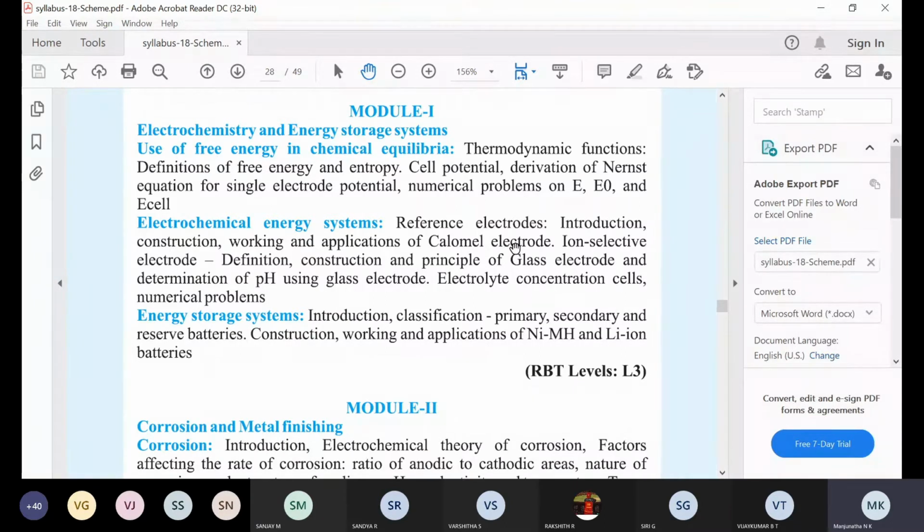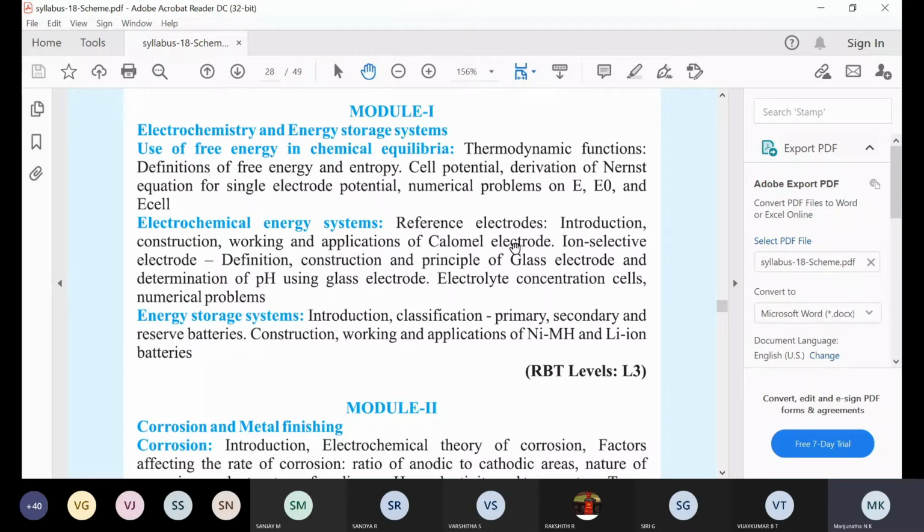Next, you have 2 examples for secondary batteries in your syllabus. One is the nickel metal hydride battery. Another one is lithium ion batteries, for which one example is the lithium cobalt oxide battery. See, this is the second unit in module 1, that is energy storage system or battery technology. Is it clear?